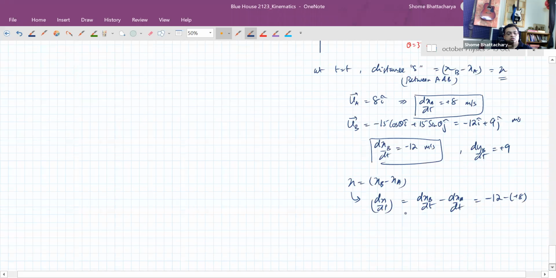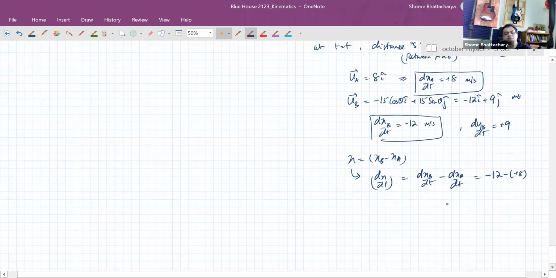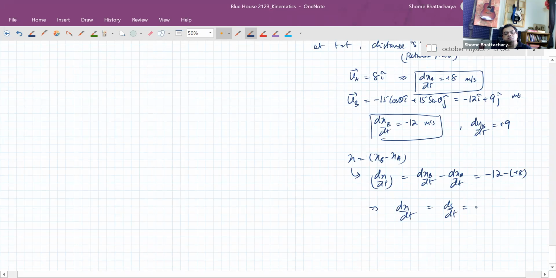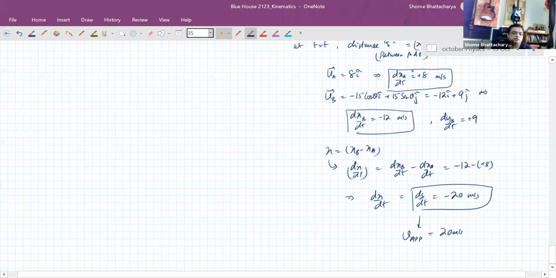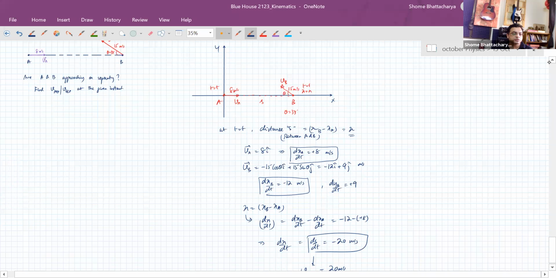So the rate at which the distance between them is changing, ds by dt, is minus 20. So they are having an approach velocity of 20 meters per second. Okay. So we'll just understand this in a more simple way when we come to the final formula. But this is the calculus method of understanding the logic.